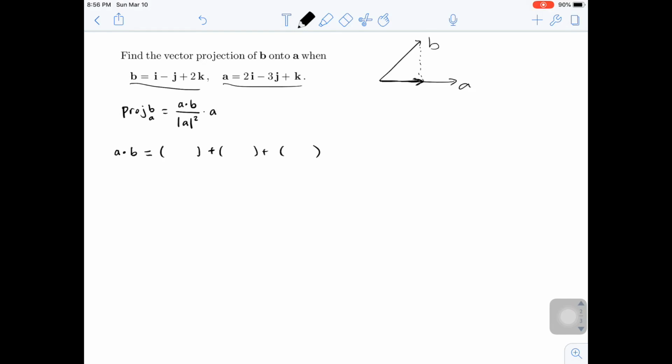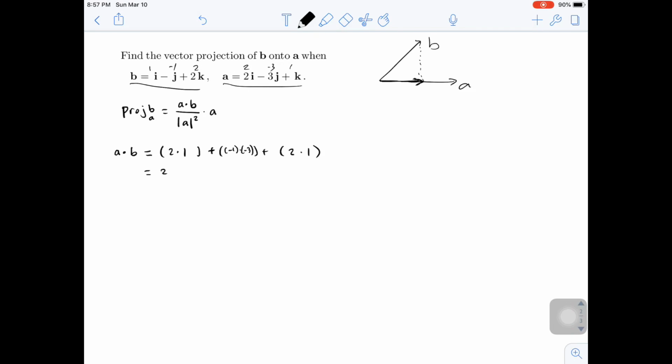So we're going to multiply the coefficient of each coordinate. For B, the coefficient of i is 1, and for A, the coefficient of i is 2, so we have 2 times 1. Then for j, we have -1 and -3, and then B has a 2 and A has a 1 for k, so 2 times 1.